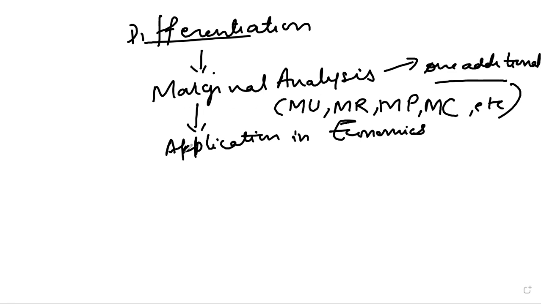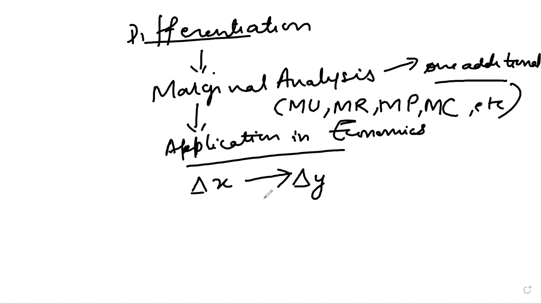Okay, now let us come to what is differentiation. Now, let's say there is a small increase in the value of x, delta x, and this small change in value of x changes y by delta y.